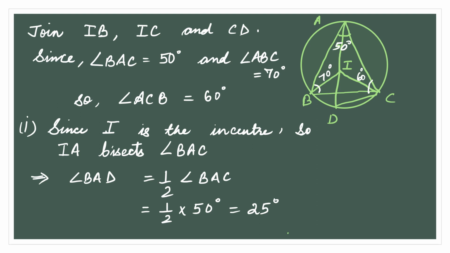Angle BAD is 25 degrees and angle BCD is also 25 degrees. Now coming to this point, children, IC bisects this angle, so this will be 30 degrees and this will be 30 degrees, right?